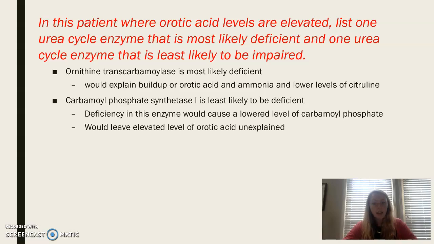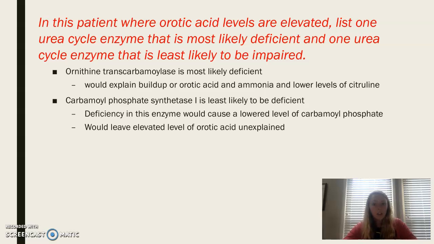So, this enzyme catalyzes the step where ornithine and carbamoyl phosphate are combined to make citrulline. So, a deficiency in this enzyme would explain the increased ammonia levels, first of all, because ammonia is used to make carbamoyl phosphate.